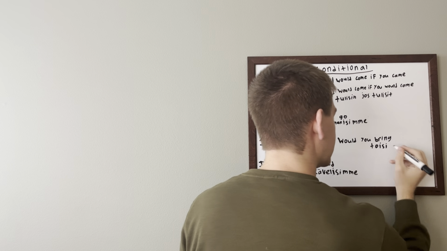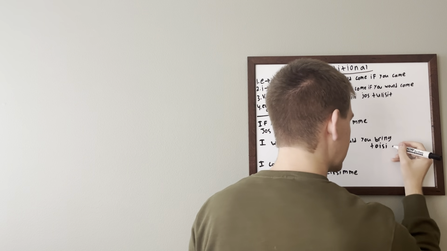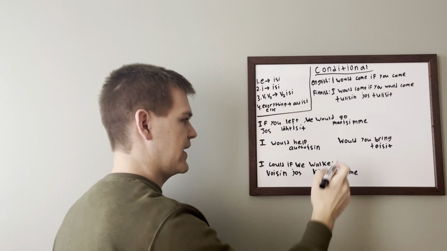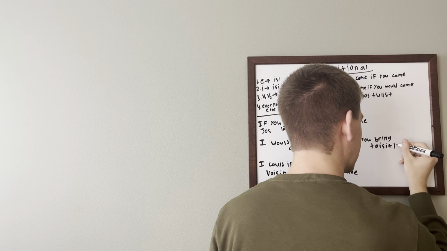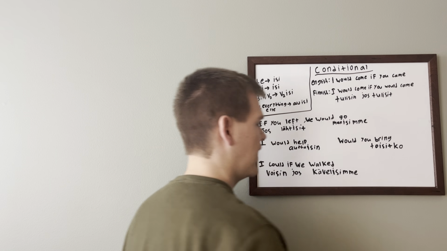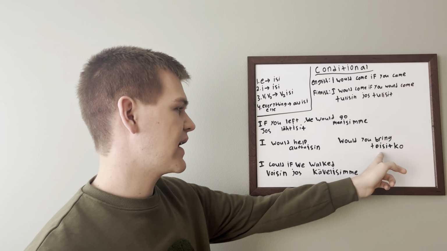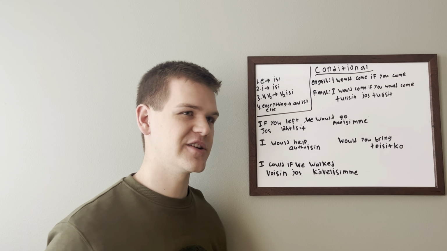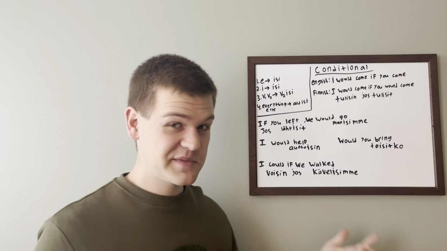So we get toisi. And then we're saying "you". If we were trying to say "you would bring", it'd be toisit. But then if we want to get a question, all we have to do is add KO onto the end. Well, that's a kind of separate principle, but if I wanted to say "would you bring", I could say toisitko. And it's just a nicer thing than saying like, "bring this". You can just say like, "would you bring this?" Toisitko. And it's as easy as that.